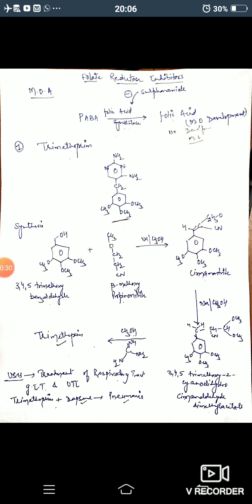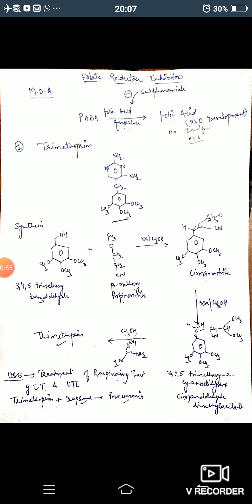First of all, we will discuss the mechanism of action of the folate reductase inhibitors, or the general mechanism of action of the sulfonamides. We can see that PABA is converted into folic acid. When PABA is converted into folic acid in the presence of the folic acid synthetase enzyme, then the microorganism development is produced.